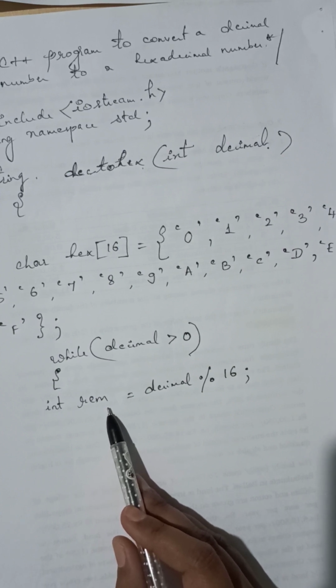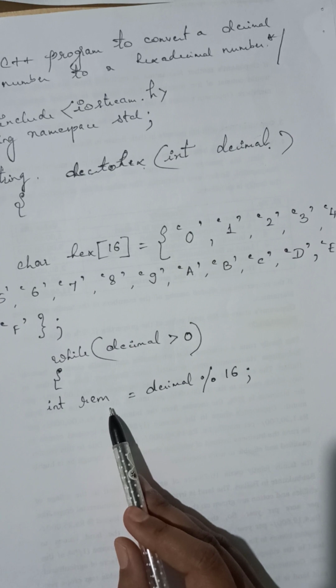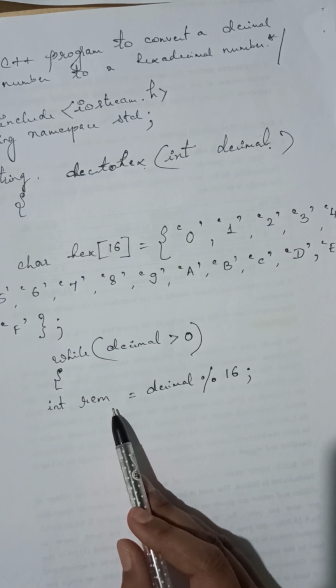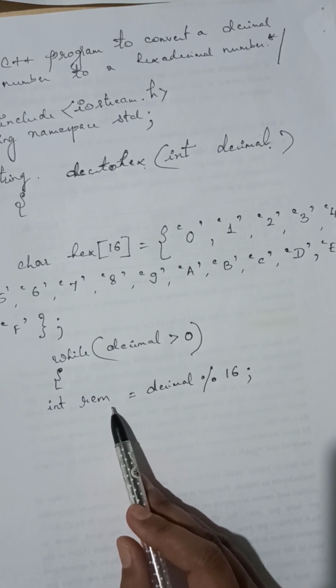So we keep on getting the remainders in the repeated division, isn't it? We will use the concatenation operator to collect the remainders, because remainders are characters. So we will collect all the characters and form a string, which will be your hexadecimal result.